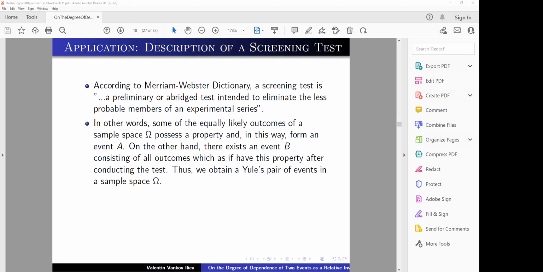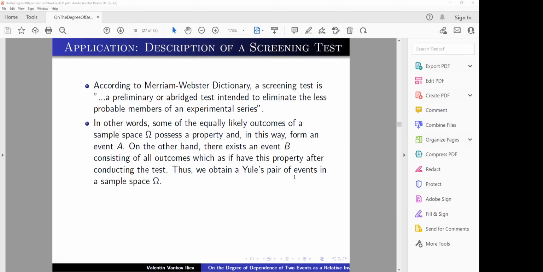Here, translating into the language of probability, you have a sample space with equally likely outcomes. Some members possess a property and in this way form an event A. On the other hand, there exists an event B consisting of all outcomes which appear to have this property after conducting the test.